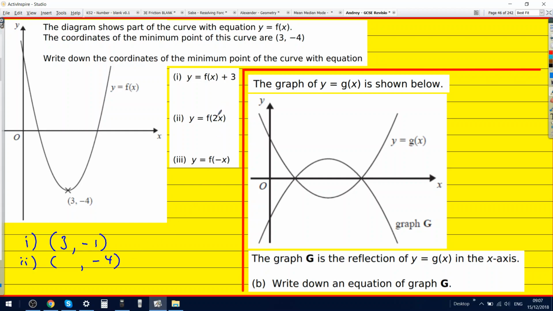This isn't plus 2. This is times 2. So would I divide it? Yeah. So 1.5 minus 4. Yeah. And then I think, is that just like minus 3 minus 4. Well done. And how about the one on the right?